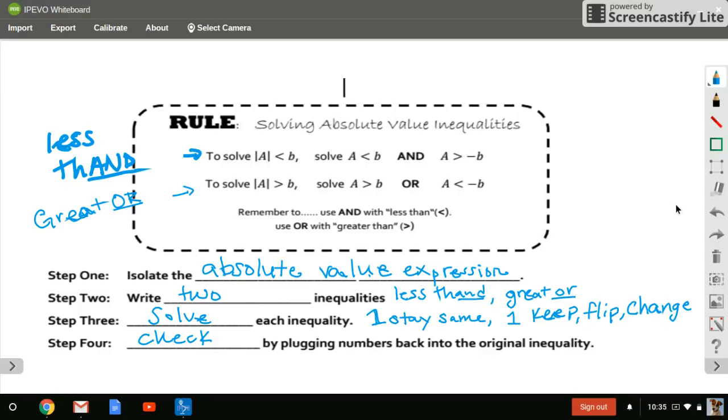Okay. So let's get into an example of this. Again, you can pause whenever you need to.